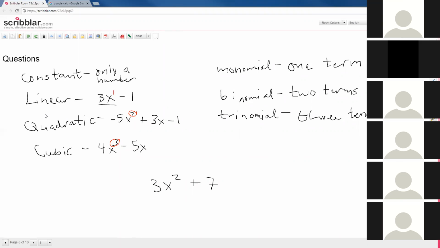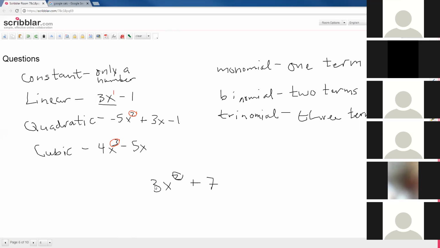Cubic. So I had two messages that I was reading really quick. Cubic is if it's a 3 that's the exponent. So even though there is a 3 there, the 3 is not in the right spot. The 3 is the coefficient, and that doesn't tell us the name. It's the little one up above. But that's a common thing that happens, so it's good to talk about and see.